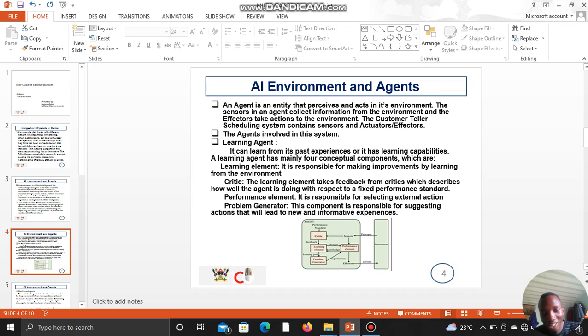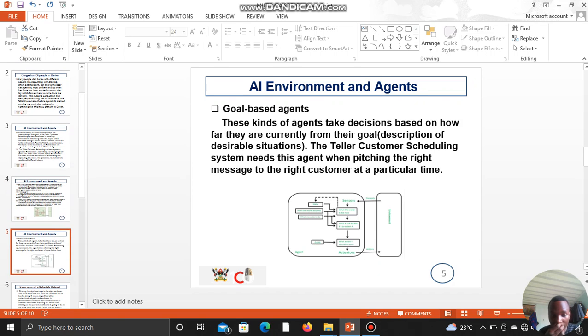We have the critic, which takes feedback from the environment to the agent as a way of appreciating the great work it has done. We have the performance element, responsible for selecting external action, and the problem generator component, responsible for suggesting actions that will lead to new informative experiences.